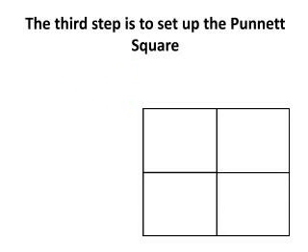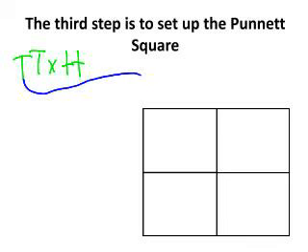The third step is to set up the Punnett square. So let's just remind ourselves, this is the father's genotype, homozygous dominant, mother's genotype, homozygous recessive. What we need to do is take the father's genotype, which I'm going to be showing in blue, and for each of his alleles, you divide them and put them on top of each column.